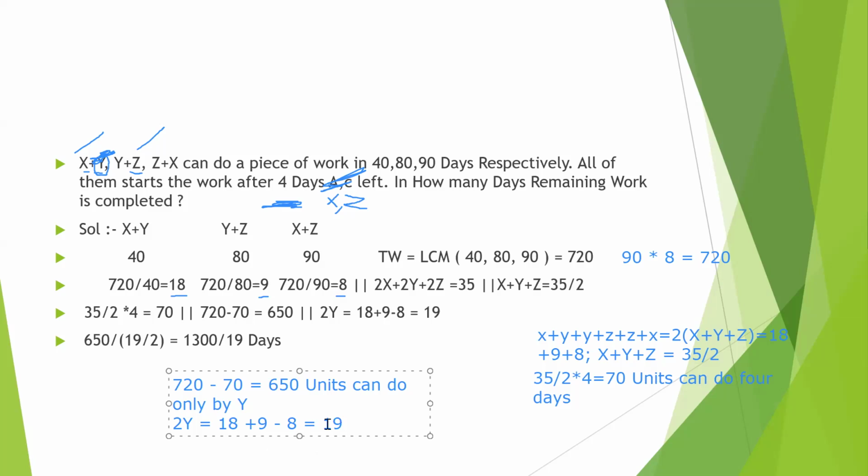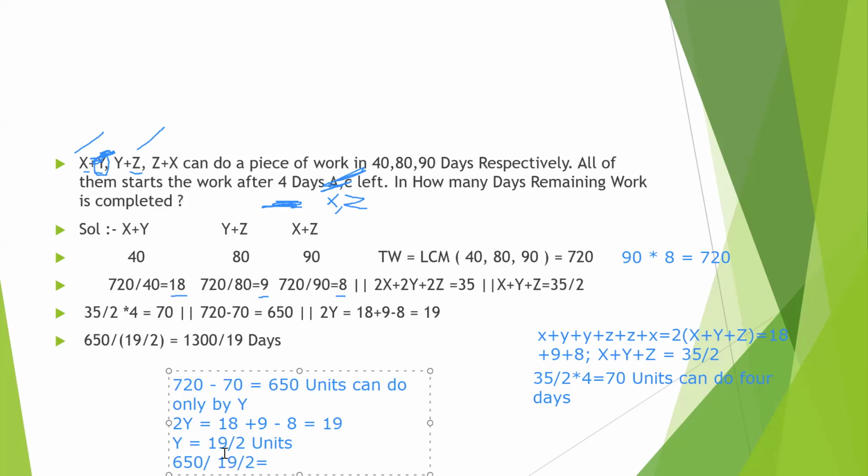Therefore, the work Y can do in one day is 19 by 2 units. Then 650 units of work he can do equals 650 divided by 19 by 2.